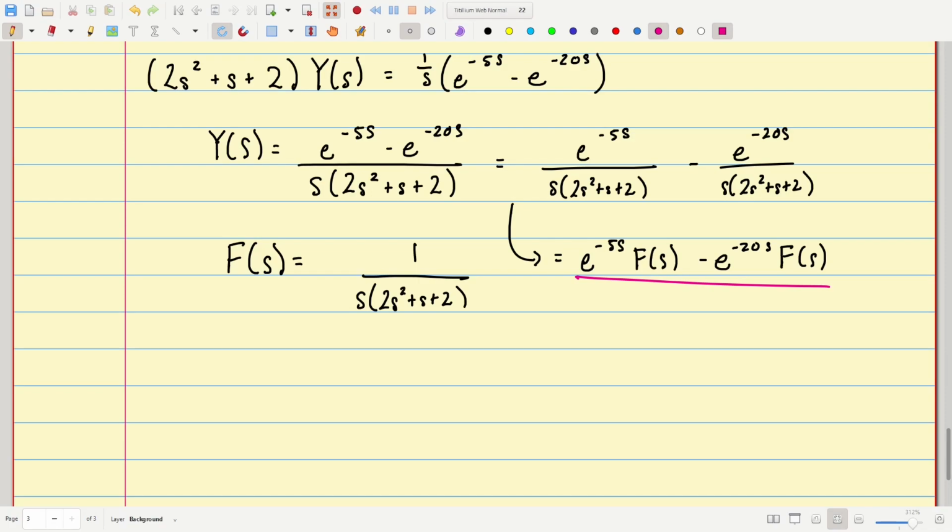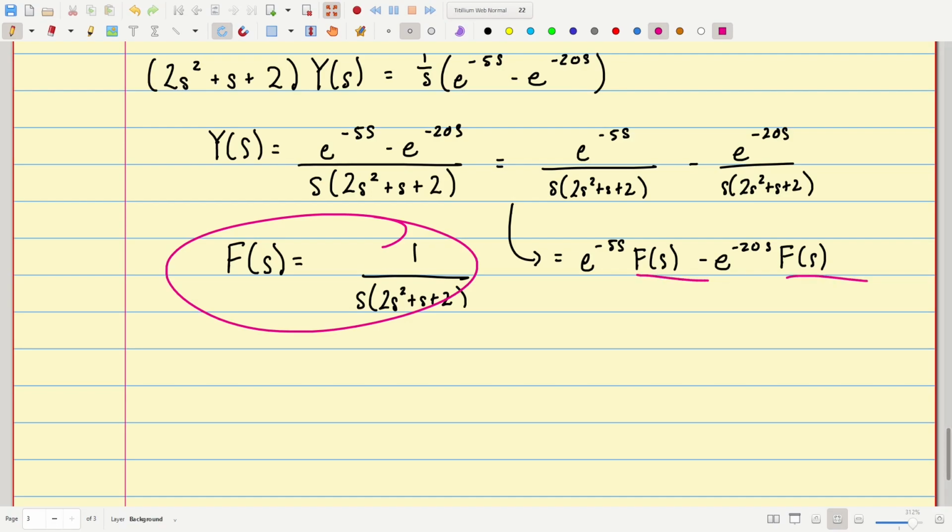You will often have problems where you'll get something that looks like this, and the way that you handle it is to give the rest a name, find its inverse Laplace transform independently, and then just write down the answer in terms of shifted functions. So that is what we'll do.